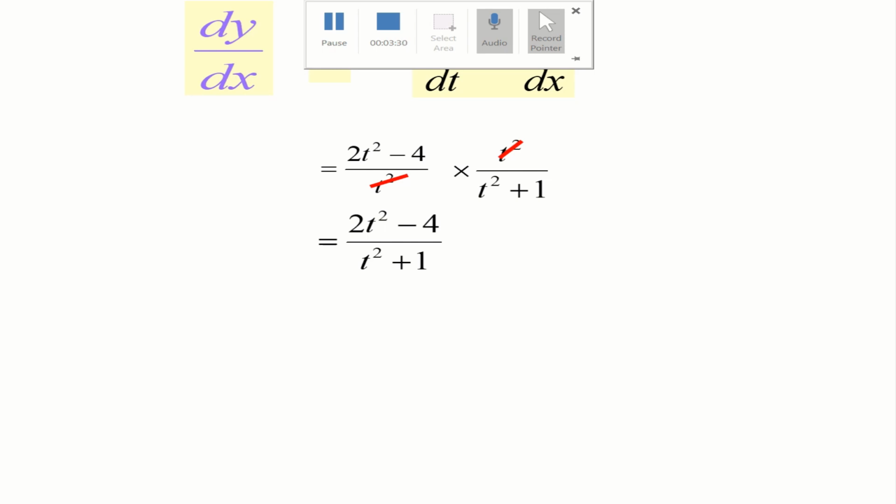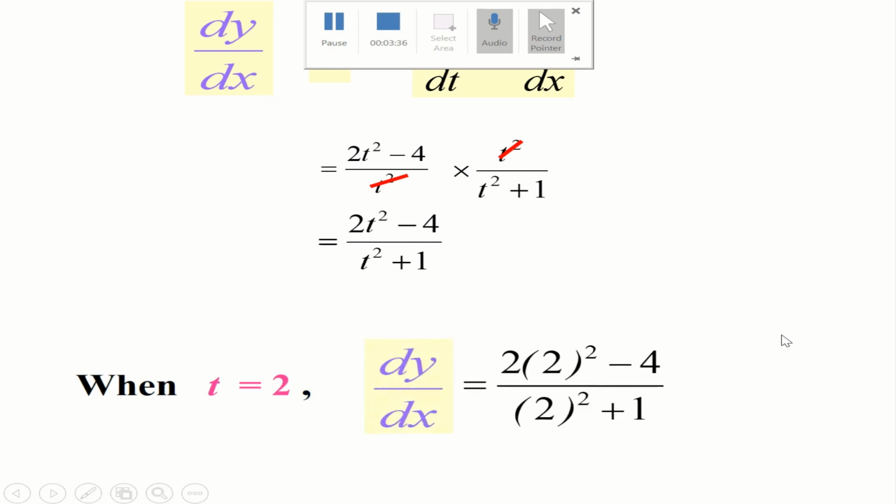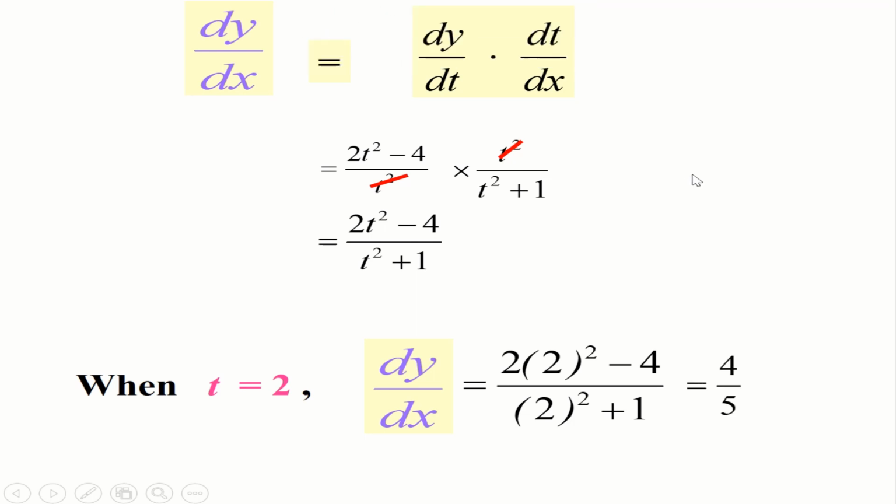So we get dy/dx equals (2 multiplied by 2² minus 4) over (2² plus 1). So finally we get 4 over 5. So the value of dy/dx is 4 over 5 when t equals 2.